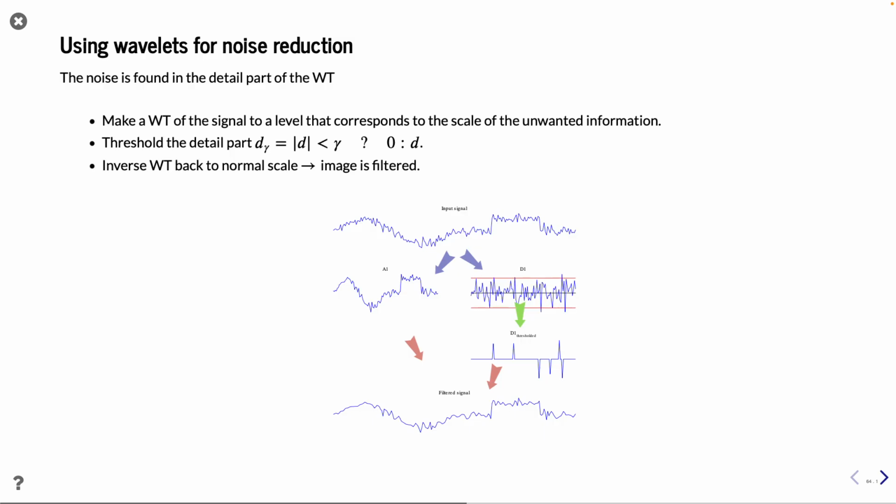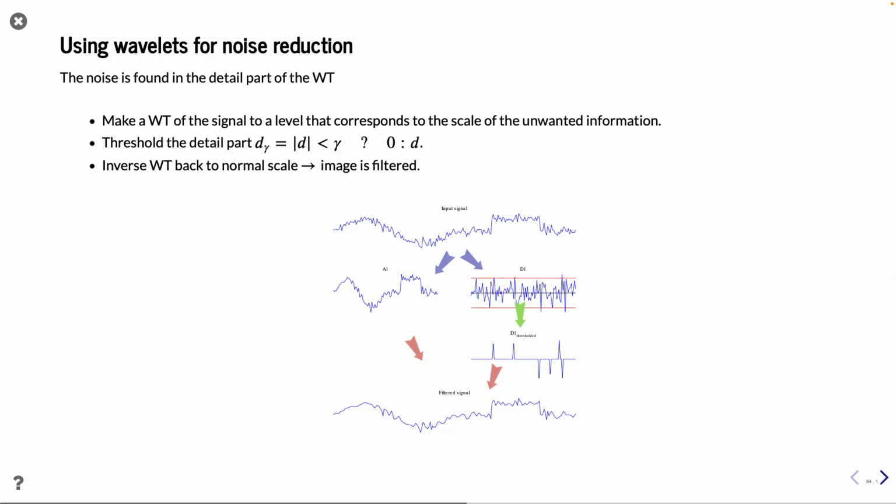So now let's look into how we can use this for applying a filter. And in principle, what we do, we do this decomposition. Now I only do it in one level. And looking at the detail, seeing all the peaks that stick out from some threshold level, they must be signals.